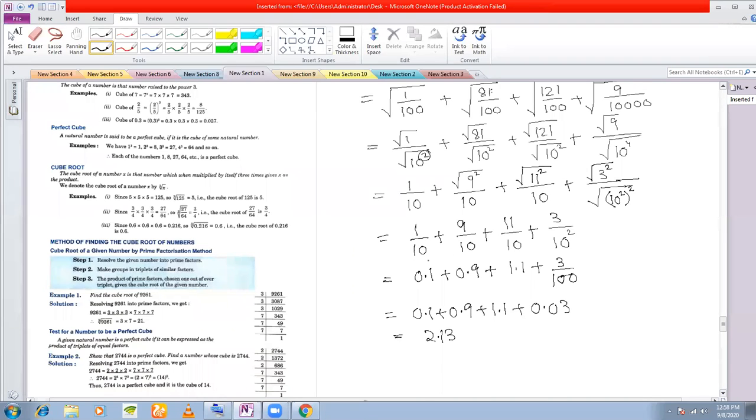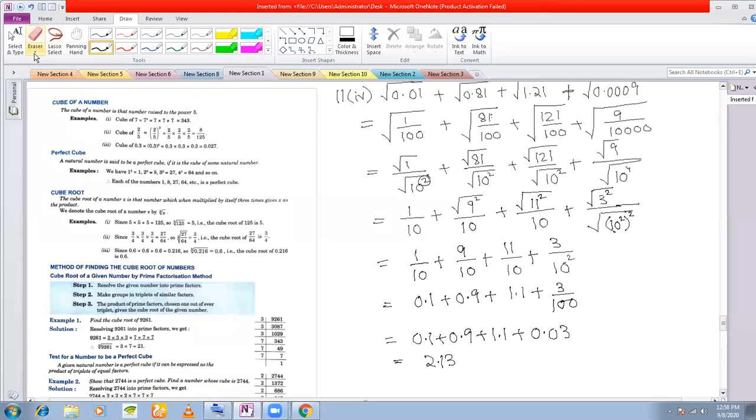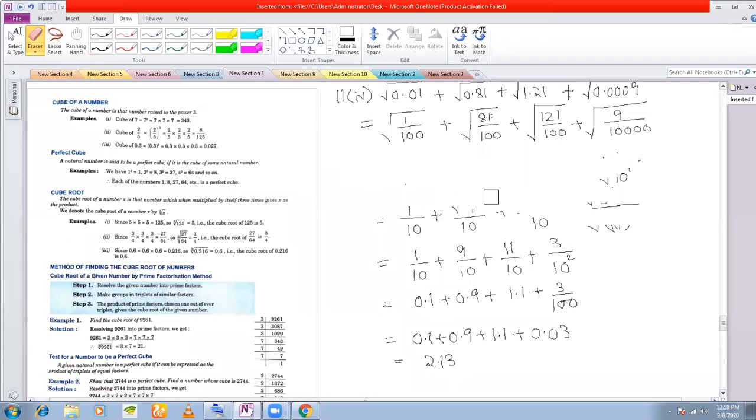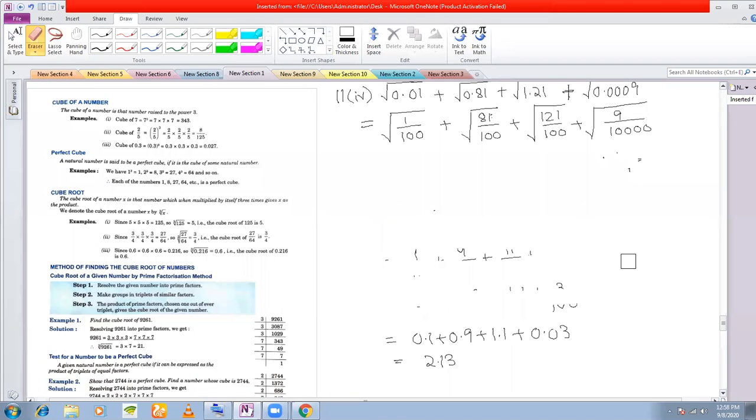Otherwise, if you are comfortable with these steps, okay, no problem. But there is just a small variation of this method. In fact, both are the same method, not different methods, just a different way of writing.